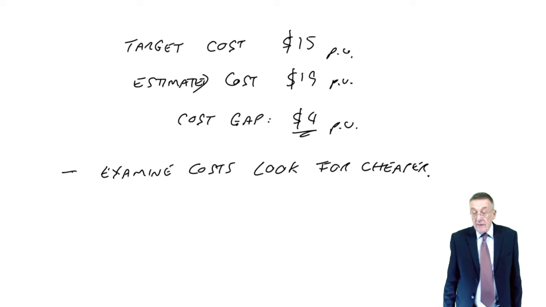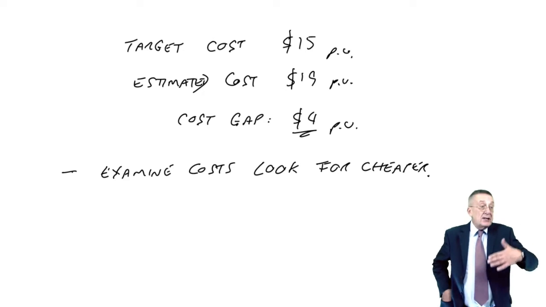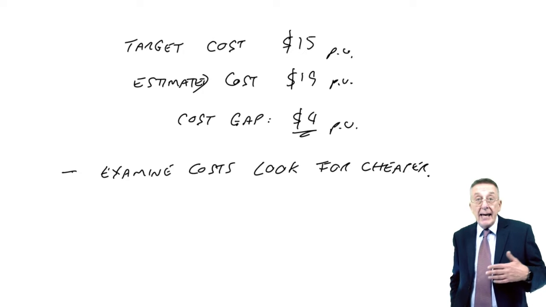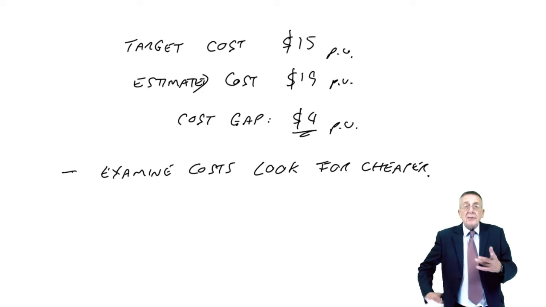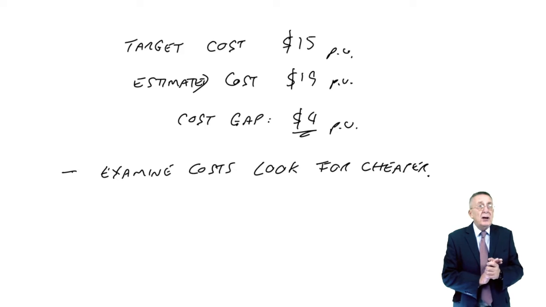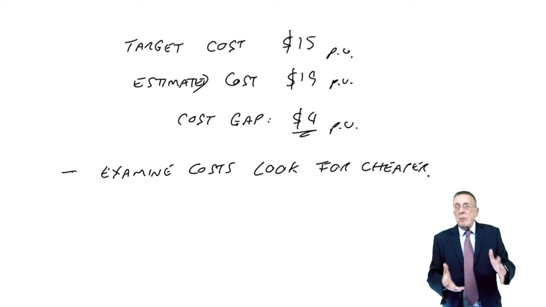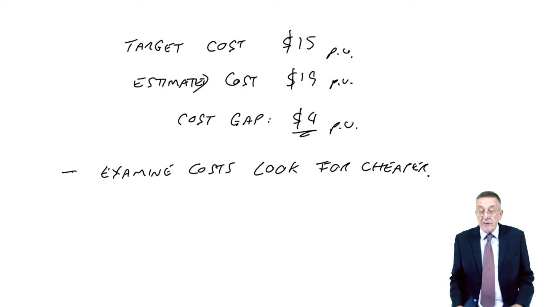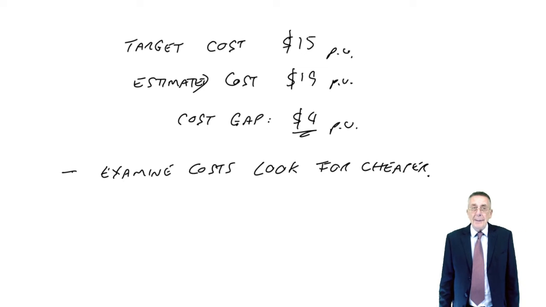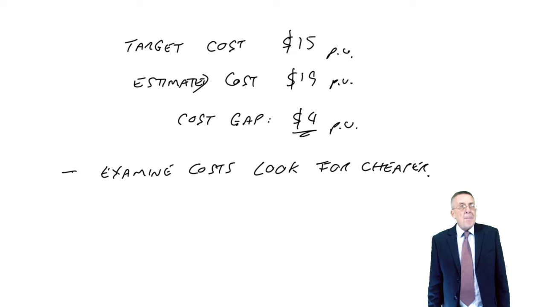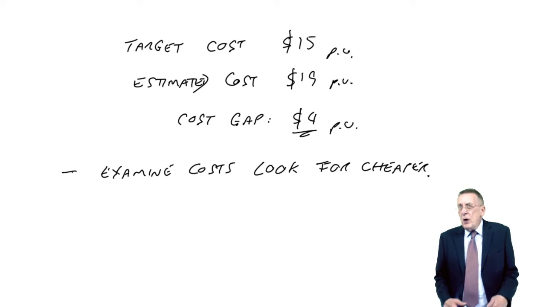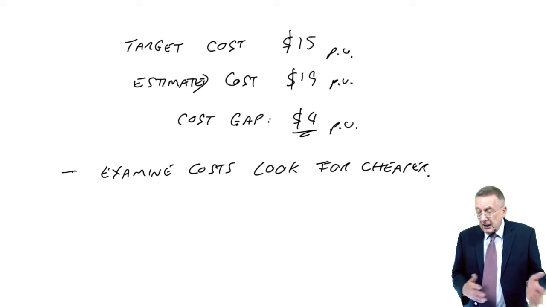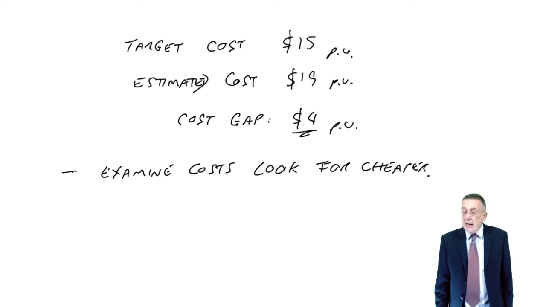Our costs of 19, presumably part of it is the cost of materials, part of it is the cost of labour, and so on. You go through all the costs involved. Materials: can we buy the materials from a different supplier and pay a bit less? Perhaps that'd save us a bit of that $4. What about labour? Can we pay our workers a bit less? Obviously, that'd cut cost, save a bit of the $4.